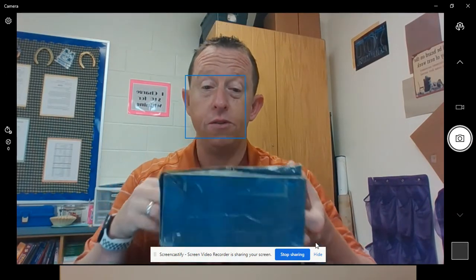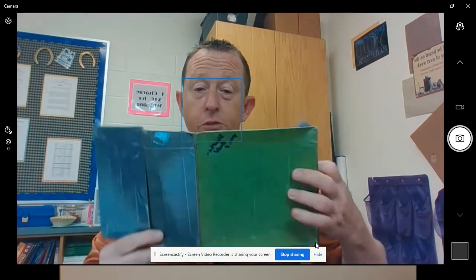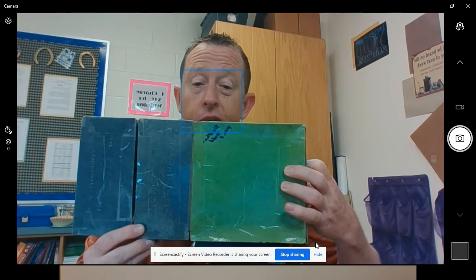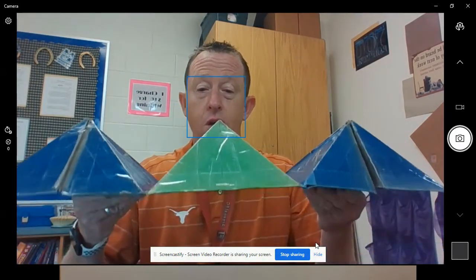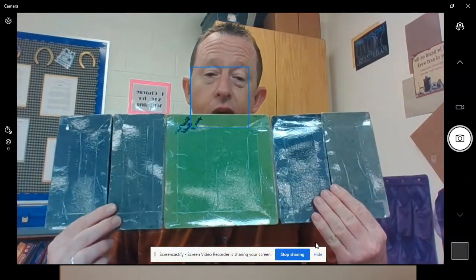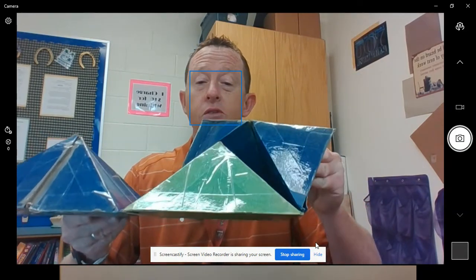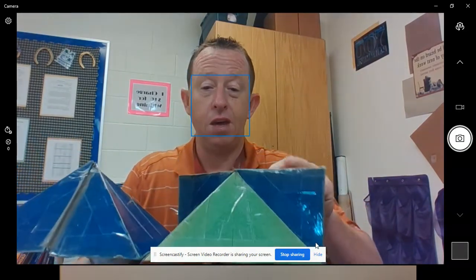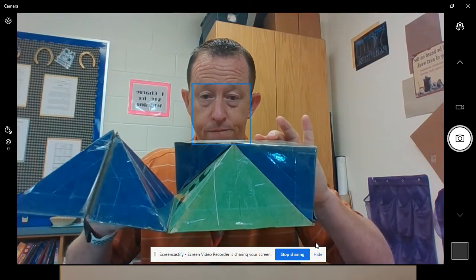The answer is, so everybody see now I have two of those pyramids. Both pyramids have the exact same base. And there's actually one over here as well. All three of these pyramids are the exact same. They have the exact same size base and the same height. I can even put it back together, and you can see that each of those pyramids was the same height as that original prism.